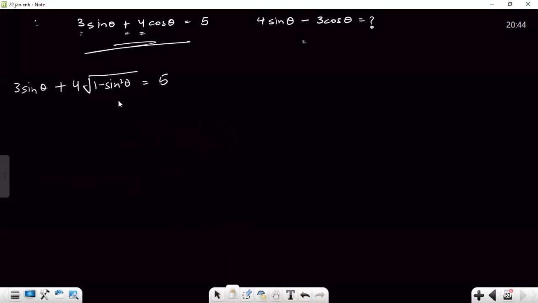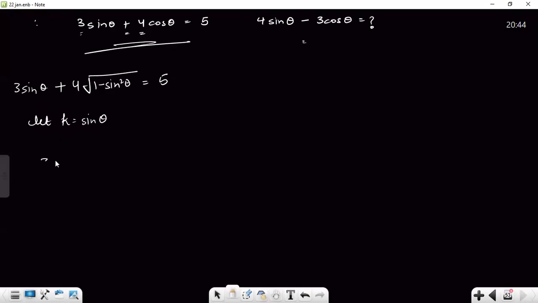Why have I done this? Because I am looking at sin theta as a variable here, which can help us in solving this question. So instead of writing sin theta again and again, I'll let k be sin theta.